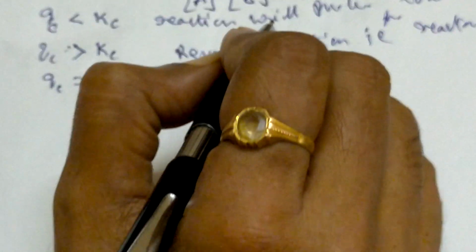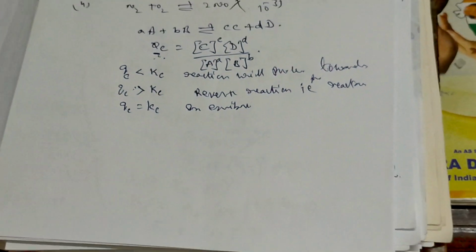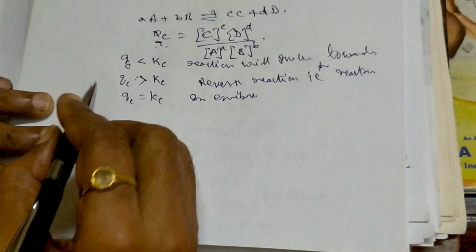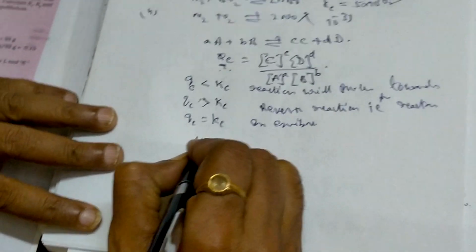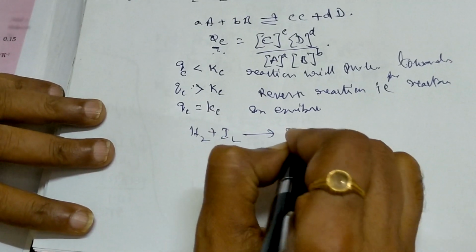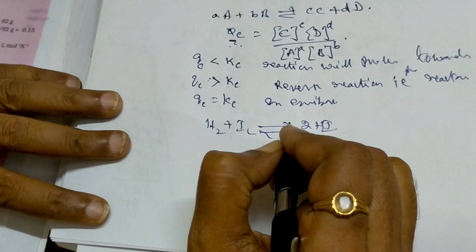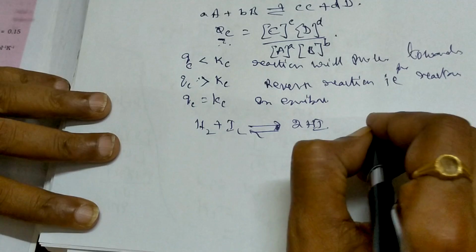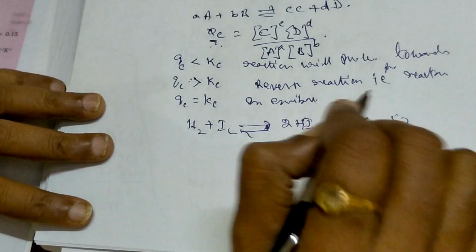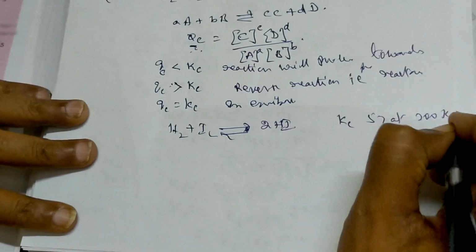To understand this more clearly, one more example. Hydrogen reacting with iodine gives 2HI in equilibrium. Kc is 57, already available at 700 Kelvin.